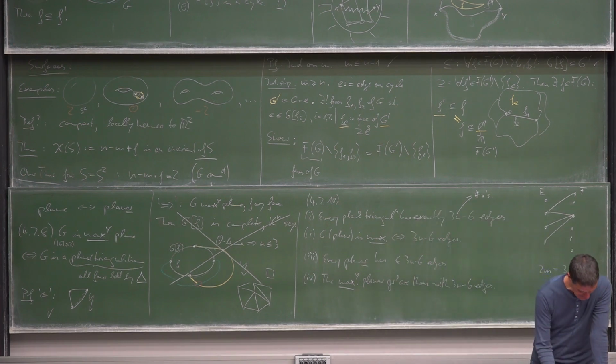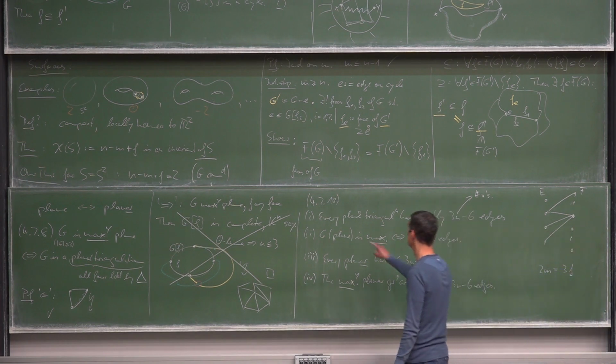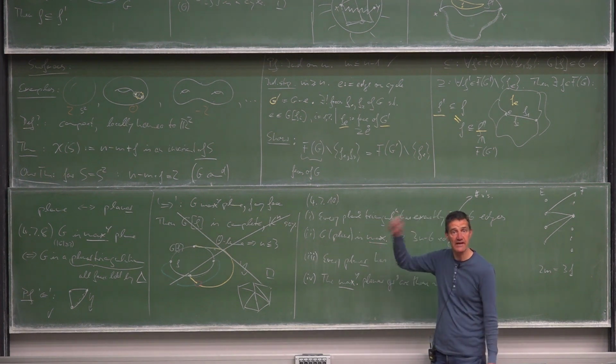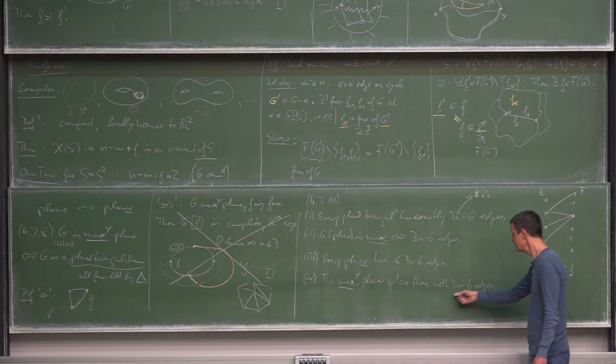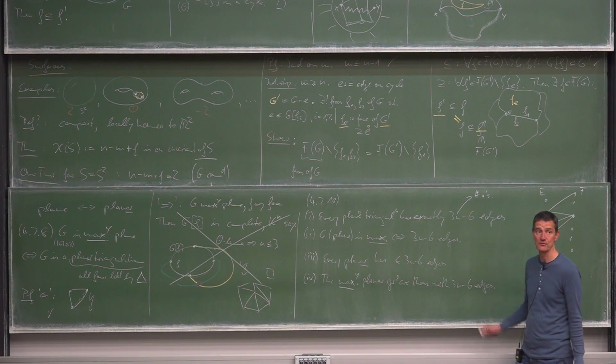So in particular, a graph isn't maximally plane only because it was badly drawn. The reason we cannot add a plane edge is not that we should have drawn it differently, because no matter how we draw it, we still have a planar graph, and that can't have more than 3n minus 6 edges.